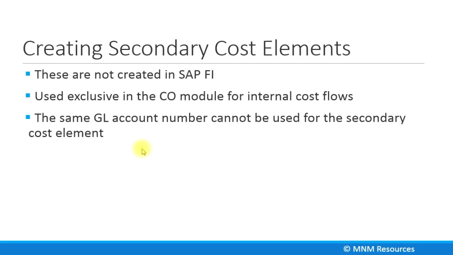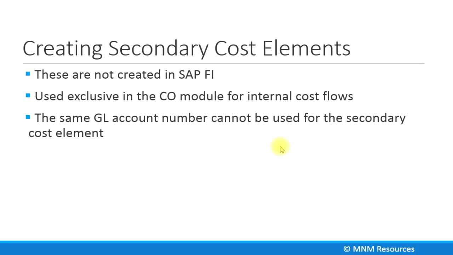Also, you cannot use another GL account, like for example an asset account like petty cash account 101000, and create it as a secondary cost element. So I advise you to use an identifier for secondary cost elements as far away as possible from the GL account number ranges. You can even start with an alphabet, like P or S or any other letter. But I of course prefer to use numbers. It's always easier to remember a combination of just numbers.